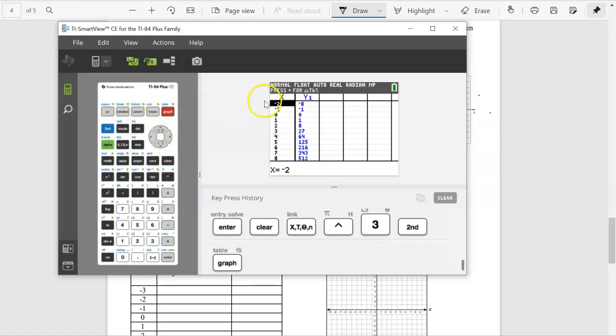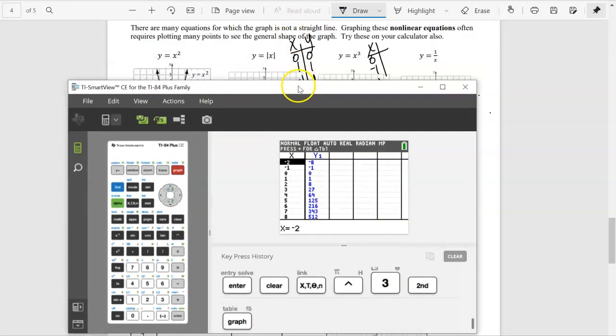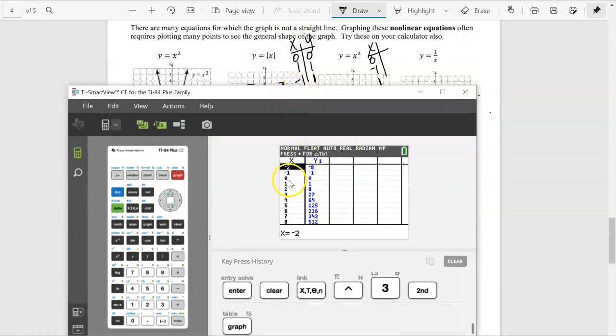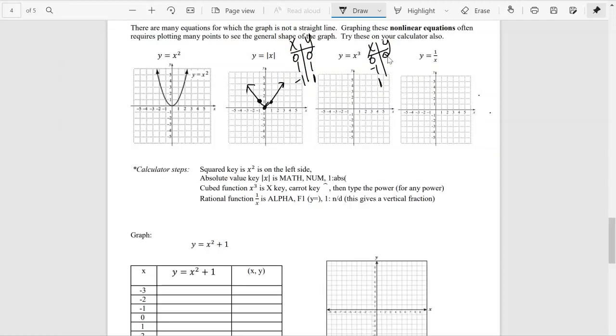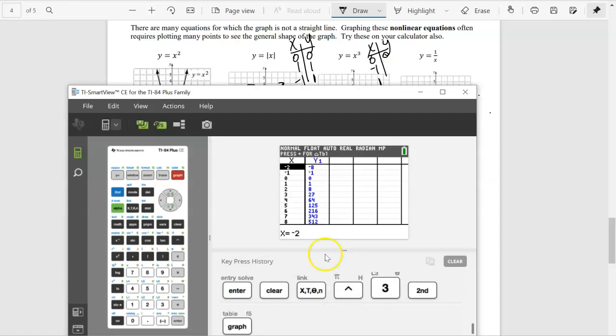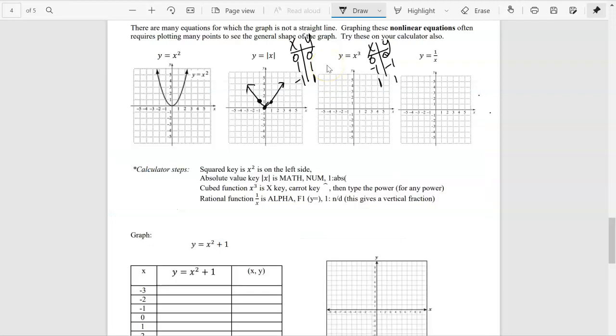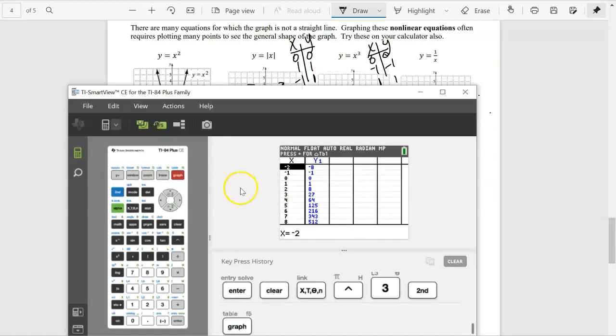The numbers I asked that I wanted to find on my table were 0, well 0 is 0. Okay. -1 is -1 here, and +1 is +1 here. So -1, +1. When you graph this, and I do want you to kind of look at the graph so you can kind of see what shape it is.